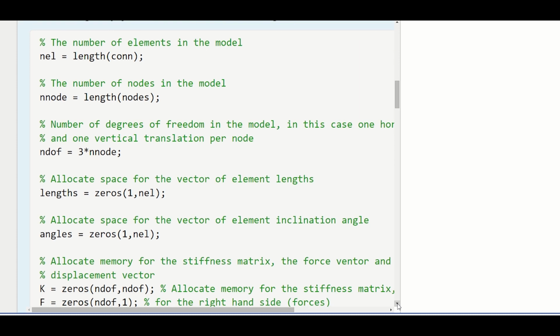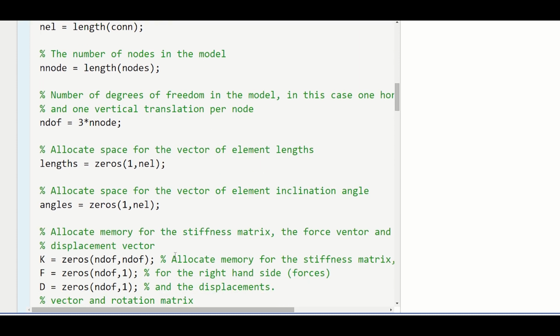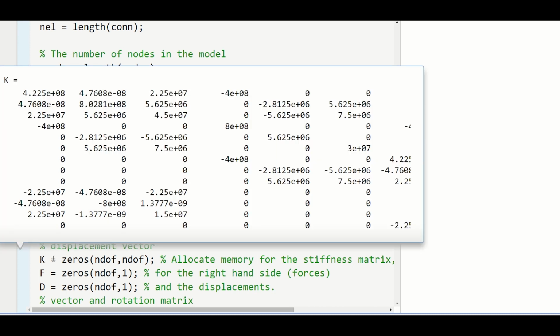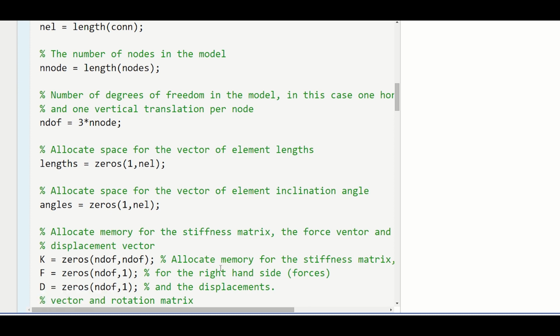And I created the empty vectors. You probably realize that you can use the zeros function in MATLAB to create an empty vector. So your global stiffness matrix looks like NDOF times NDOF, the number of degrees of freedom by the number of degrees of freedom, which is a 15 by 15 zeros matrix. And you've got NDOF by 1, which is a vector, with 15 different slots for filling in your force vector.